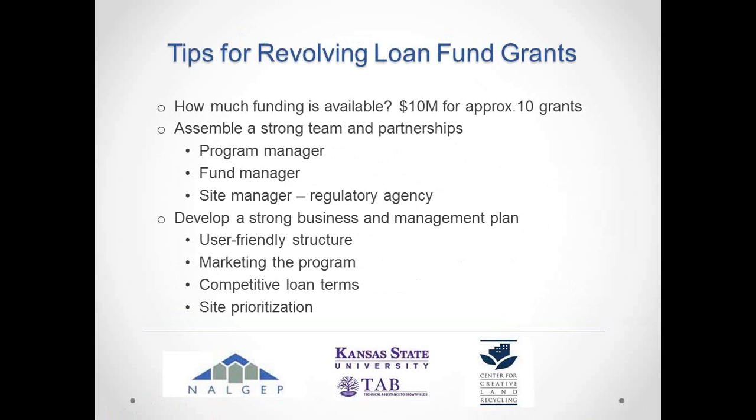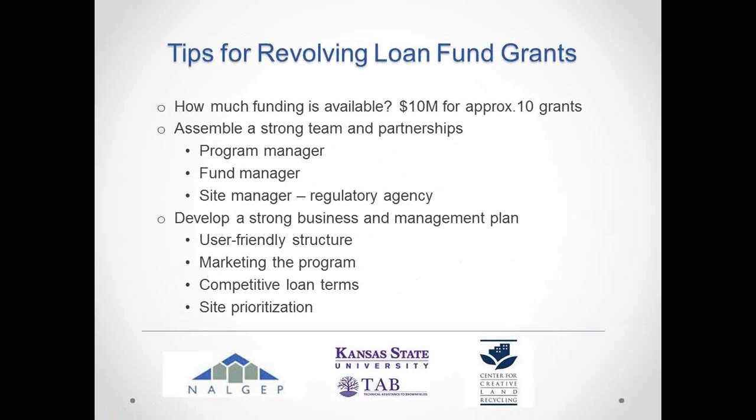Because there are many, many successful RLF grantees, and they receive supplemental grants year after year because they are able to produce many loans. And when these loans come back to the community, they come back as program income, which has more flexibility than money coming directly from the EPA.